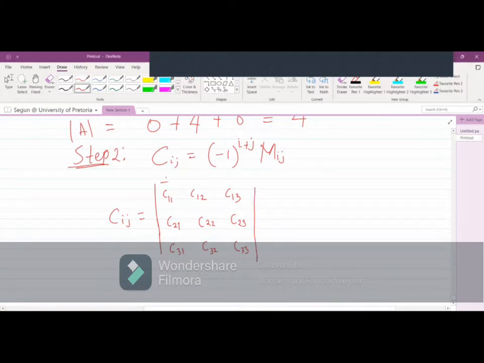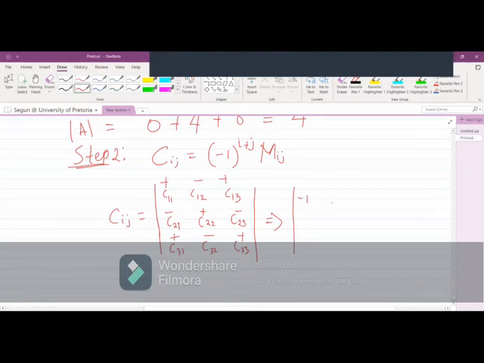I told you that we have plus, minus, plus. But when it comes to cofactor, you have to assign the signs: minus, plus, minus. Here we have plus, minus, plus.